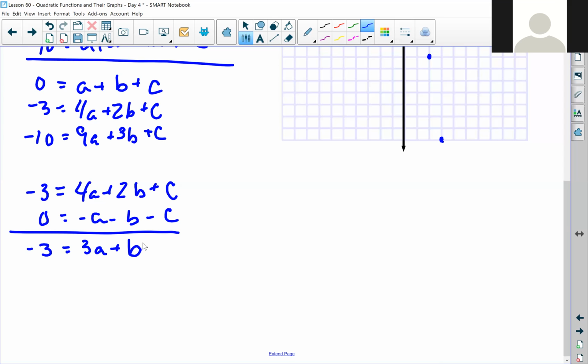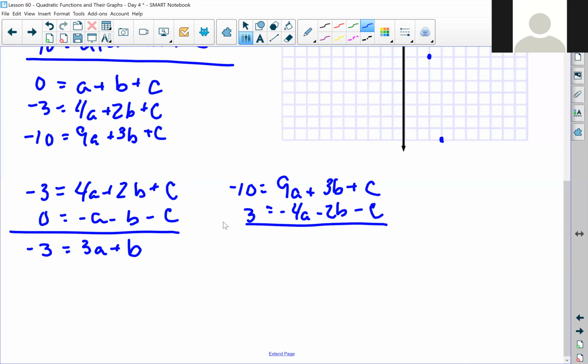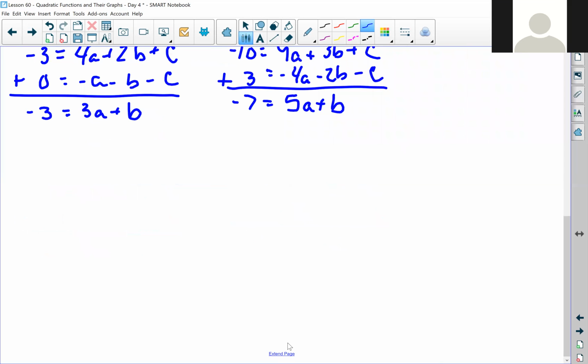So if I take equation 3, and the opposite of equation 2, and add those together, now I have two equations that deal just with a and b.